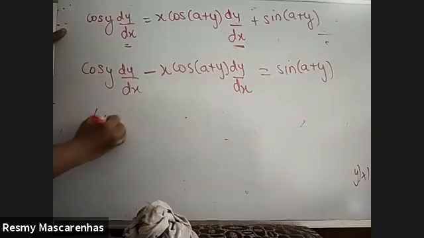So it will be cos y minus x cos of a plus y, after taking dy by dx common.